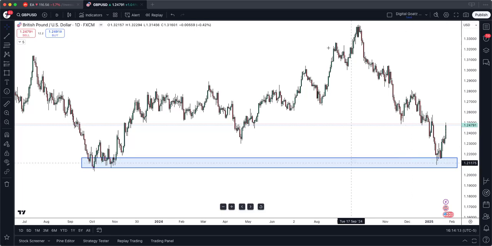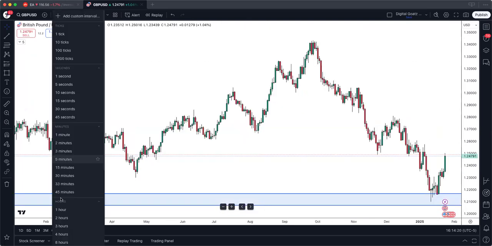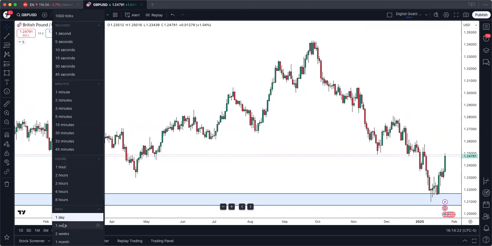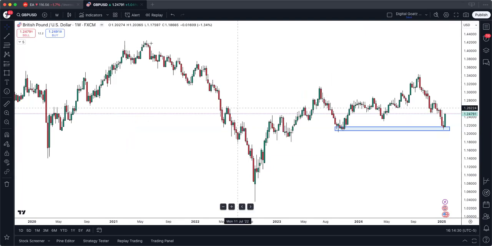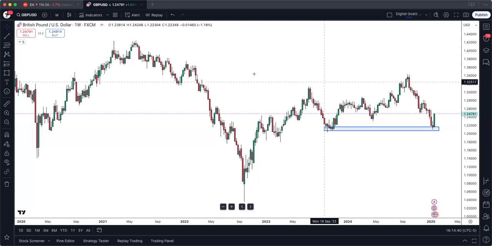How high will price go? Well, because we're still technically ranging, and what I mean is that if I go back out to the weekly time frame, besides where it came from in September of 2022, or even where it came from in May of 2021, we can look at this.